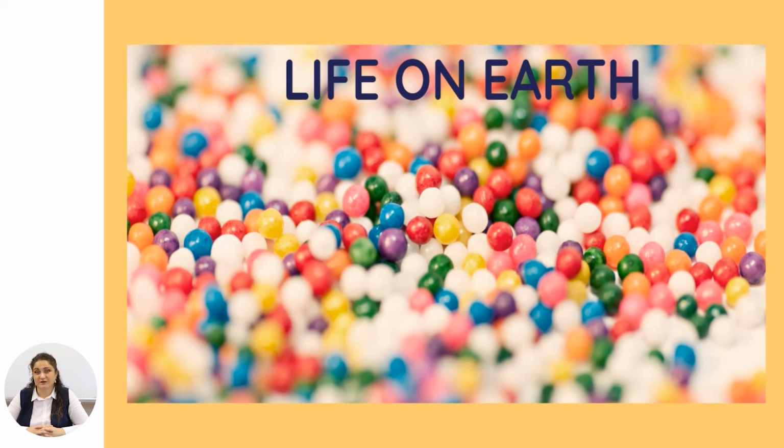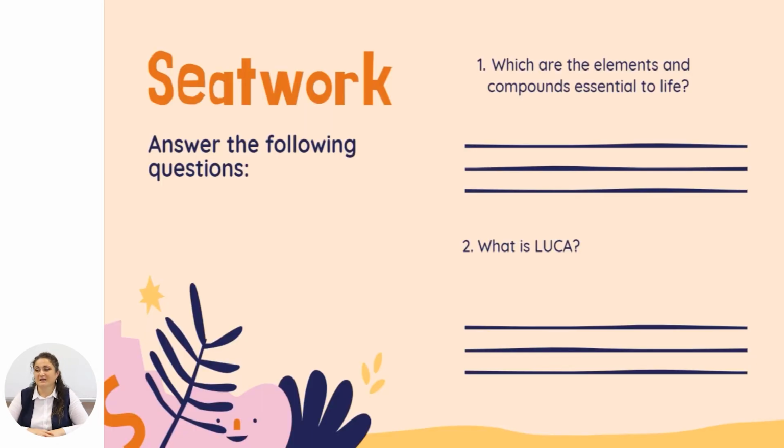Now you know how life appeared on Earth. Now it's time for you to answer some questions. Number 1. Which are the elements and compounds essential to life? And second, what is LUCA? So if you remember, there are 6 elements that are necessary for organisms to live.